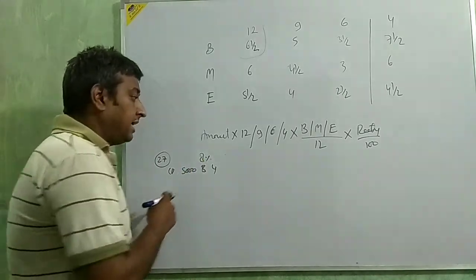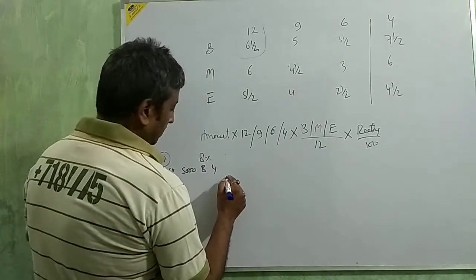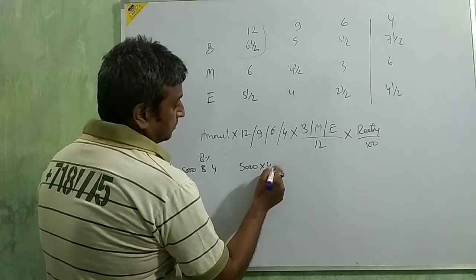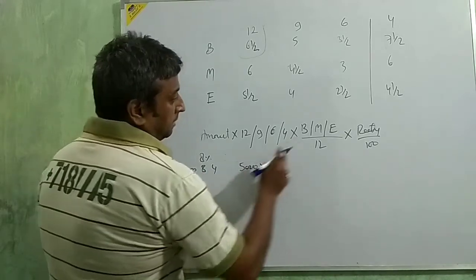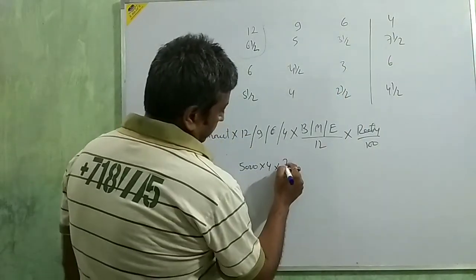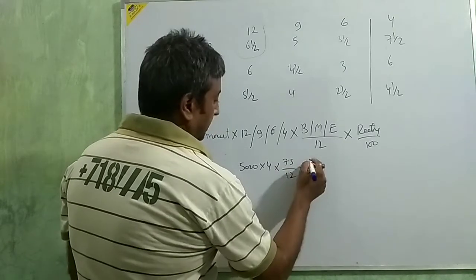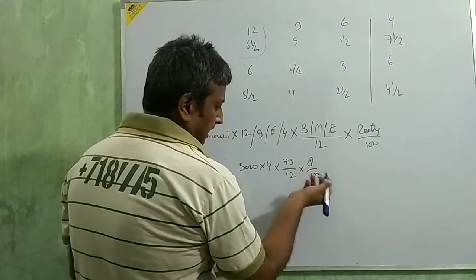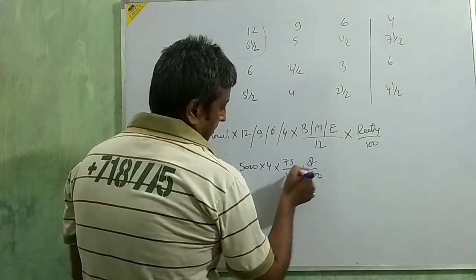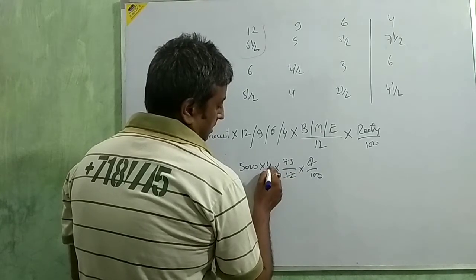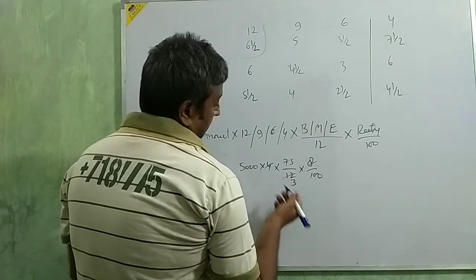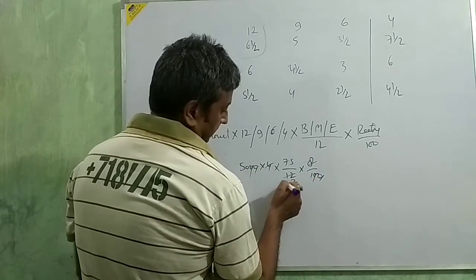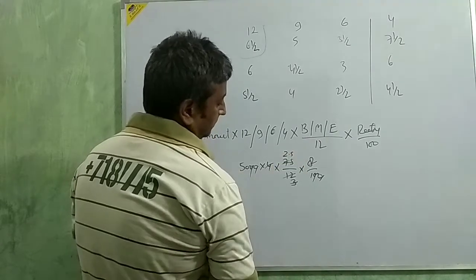If quarter is there, then see the formula. Amount 5,000, quarter means 4, and since it is the beginning, 7.5 upon 12 into rate 8 upon 100. Just calculate. Double zero is finished. 2.5.